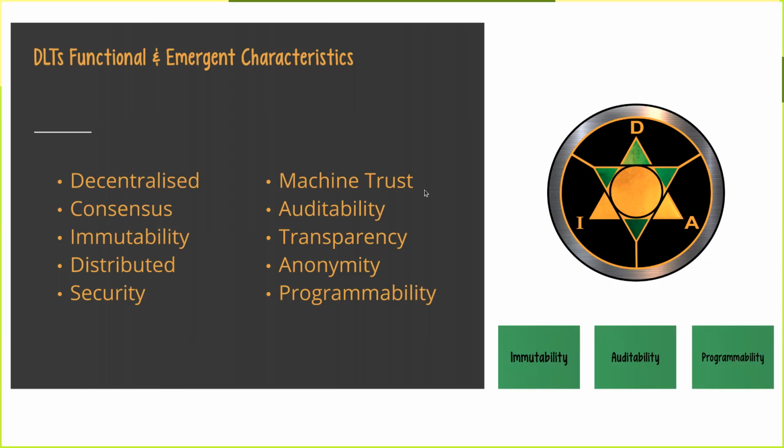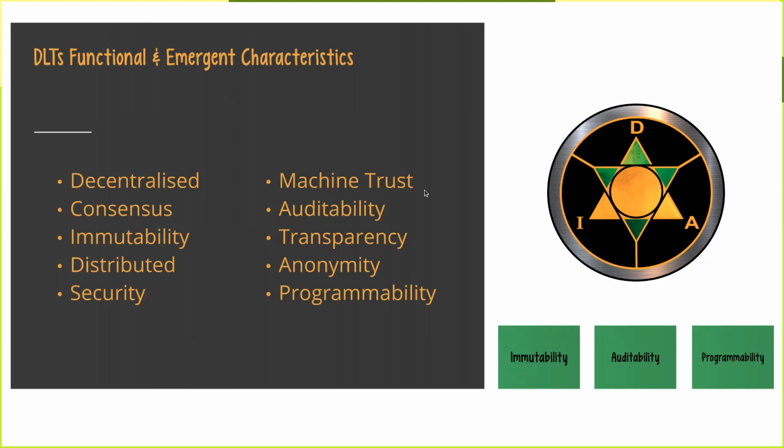On the right-hand side, we have the emergent characteristics, once we have all those functional characteristics secured, and then we can trust computers to some level to do all this work for us. Auditability we get for free because we have data that is sitting there that is immutable, so it cannot be easily tampered with.